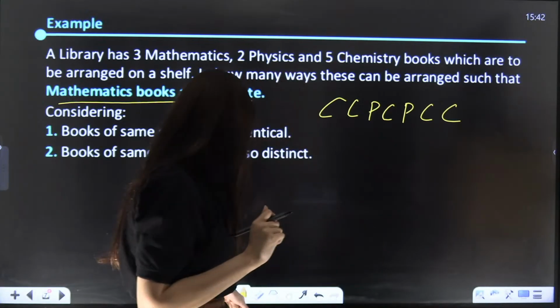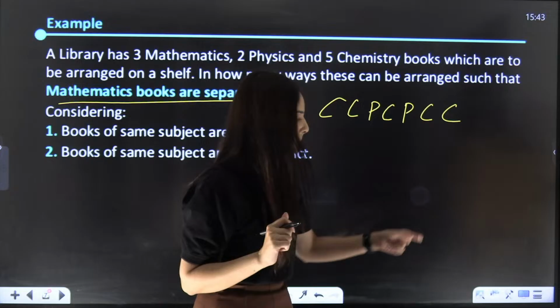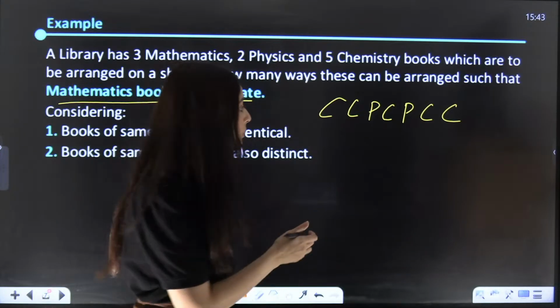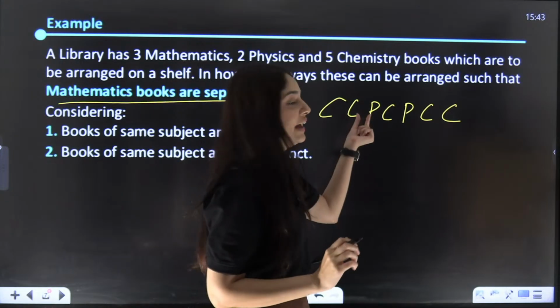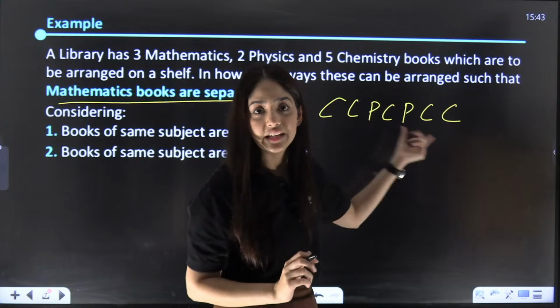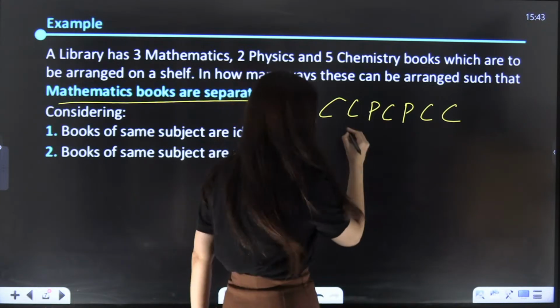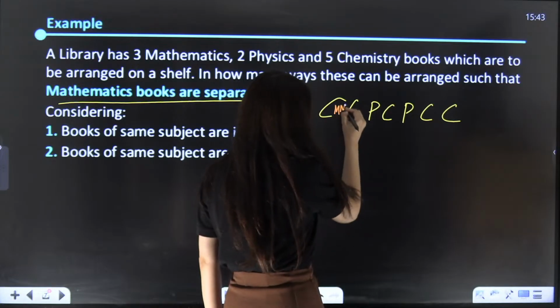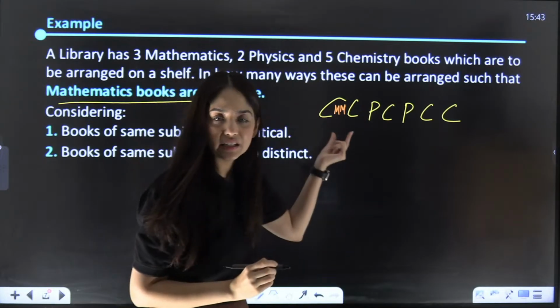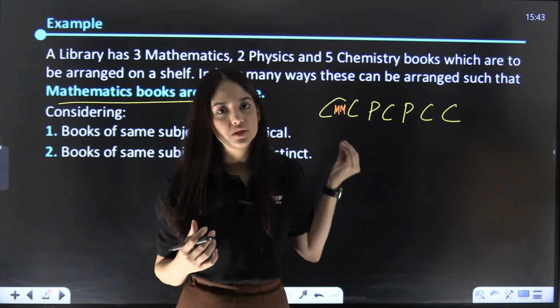Now, the maths books cannot be together, which means there has to be at least one of these books between the maths books, right? We cannot have MM like this here, because in that case, we will have the maths books together.